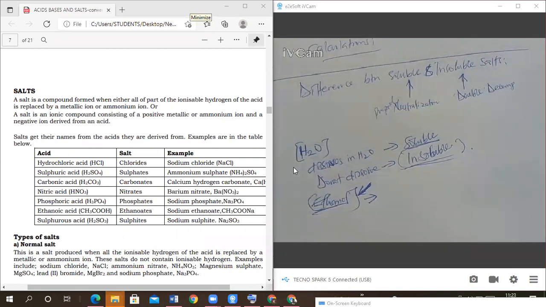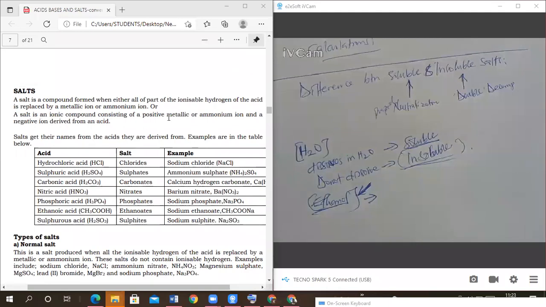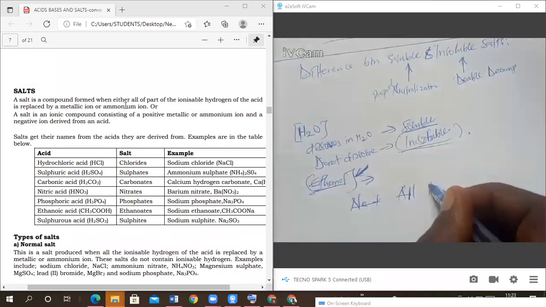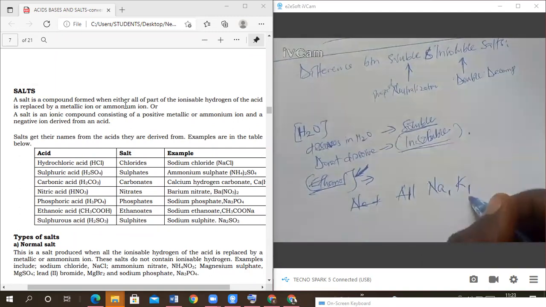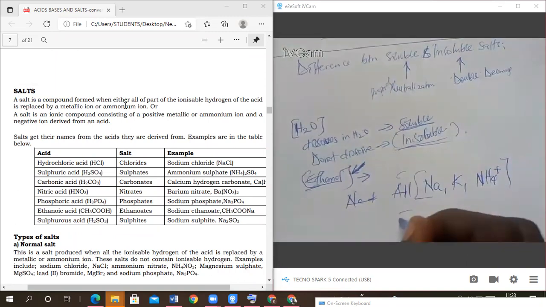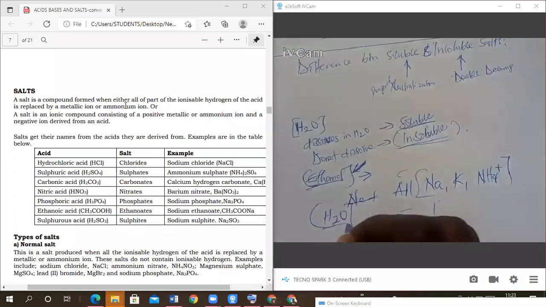Okay. Now here they are saying all salts of sodium, potassium, and ammonium are soluble in water. Now they are taking an example of solubility in water. Water is a solvent.